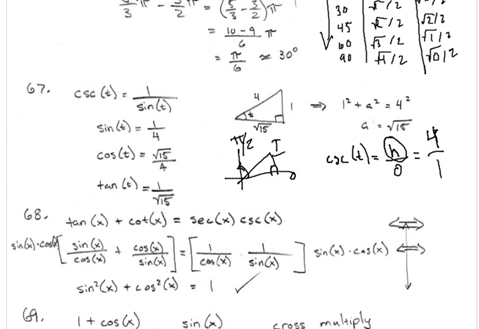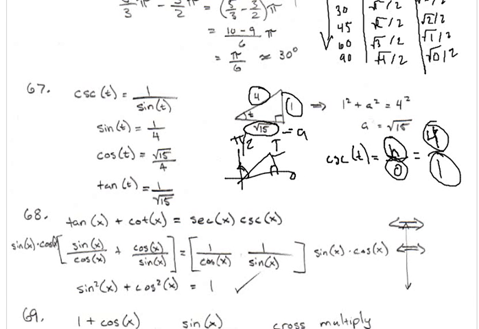So I could identify my hypotenuse with a value of 4 and my opposite side with a value of 1 in my triangle. So I can use the Pythagorean theorem to figure out what my adjacent side would be. So I have 1 squared plus a squared equals 4 squared, right?